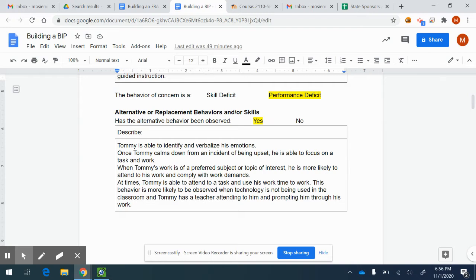Has the alternative behavior been observed? Yes, and we identified this in the FBA, so this is just a summary of those. So we know that he's able to identify and verbalize his emotions. We know that once he is calmed down after an incident, he's able to focus on a task and work. We know that when his work is preferred or of a topic of interest, he's more likely to attend to his work and comply.